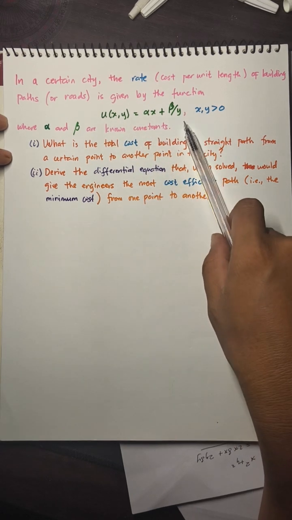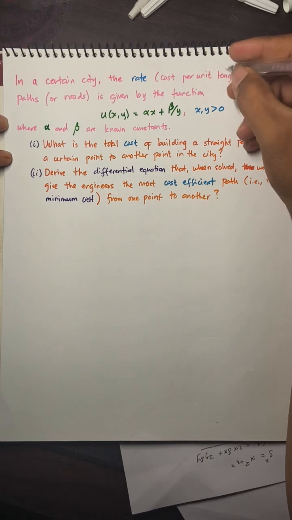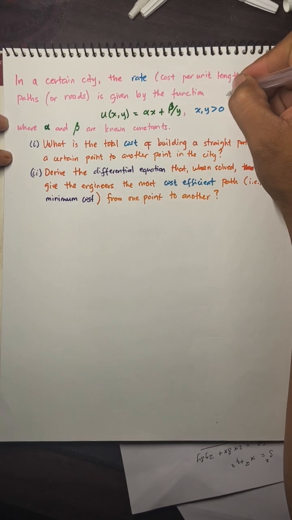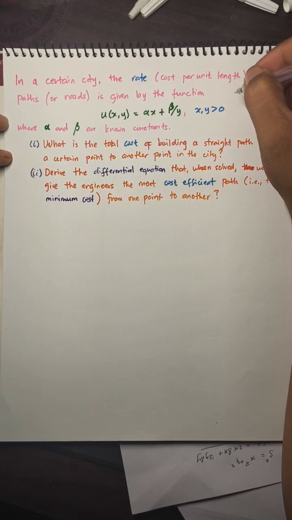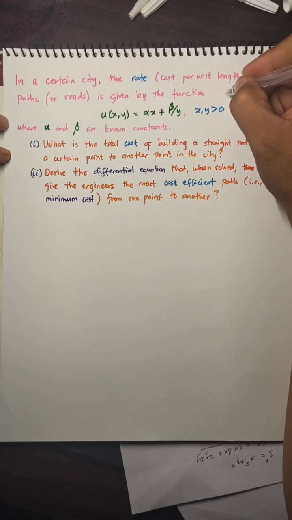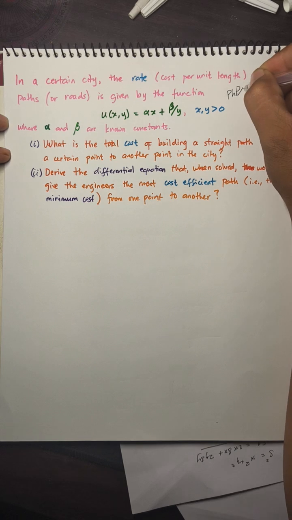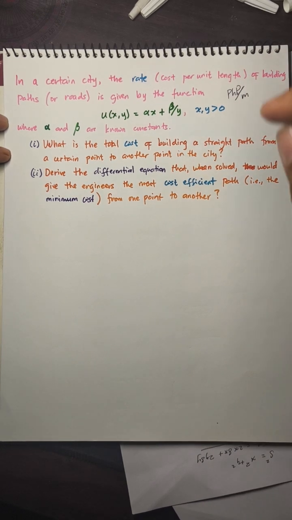The cost per unit length means that u of x, y would have a unit of currency per unit length. For example, in the Philippine setting, that would be PHP per unit length, so it could be per meter or per kilometer.